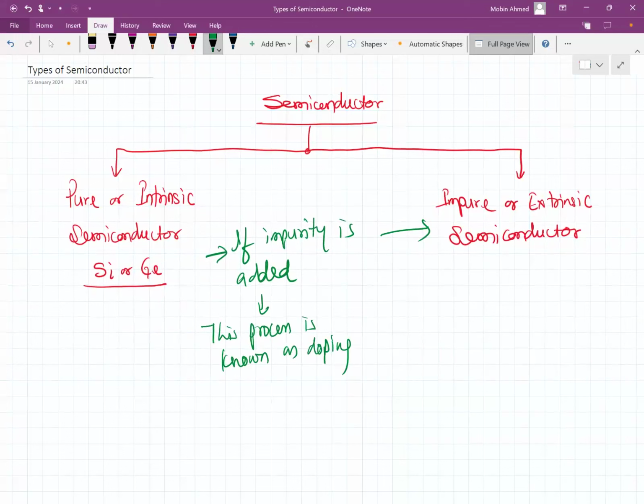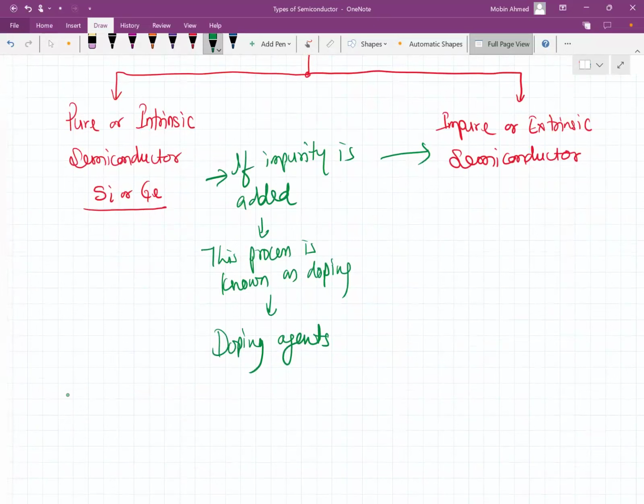The impurity that is added is known as a doping agent. These doping agents are of two types: one is a pentavalent doping agent and the second is a trivalent doping agent.